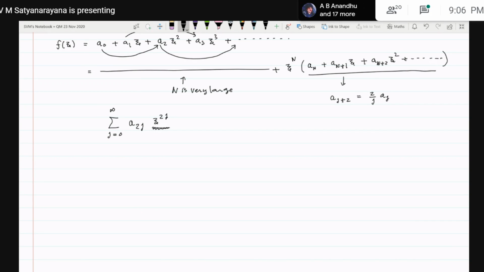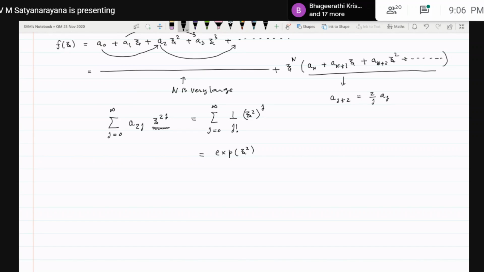But then our a_j is simply written as sum over j equal to 0 to infinity of 1 by j factorial into xi square to the power j. Now if you see this, something to the power j by factorial j, from j equal to 0 to infinity, is actually exponential of xi square.